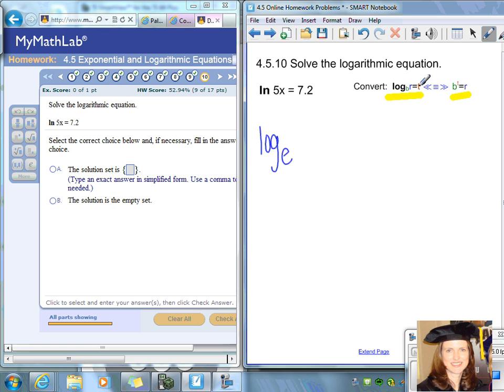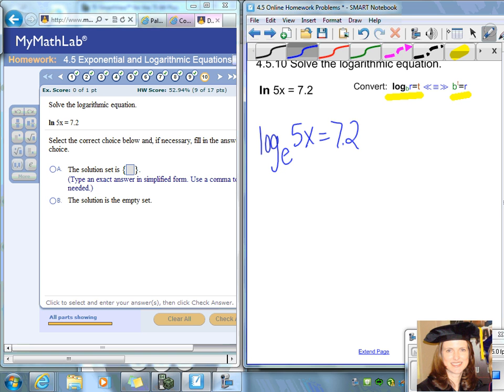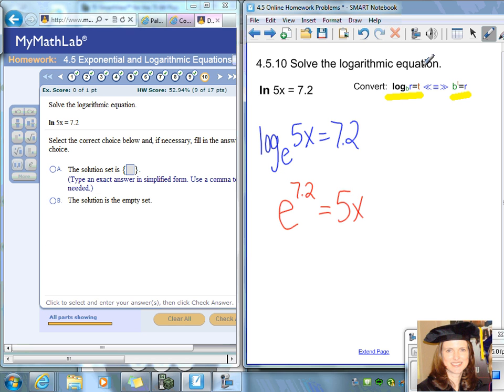So you already know that the base is e, the argument is 5x, and the exponent is 7.2. Using the conversion equation, we can write this as e to the 7.2 equals 5x. We're taking the base, the argument, and the exponent, and rearranging those.